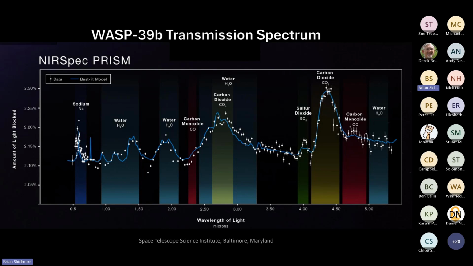And you can see excellent agreement with the detection of sodium and water, carbon monoxide, sulfur dioxide. Sorry, it's not phosphorus dioxide, it's sulfur dioxide. So what JWST has managed to detect is carbon dioxide. This is the first planet where carbon dioxide has been detected.